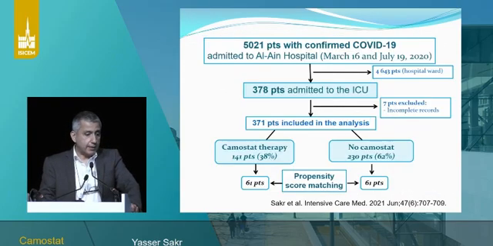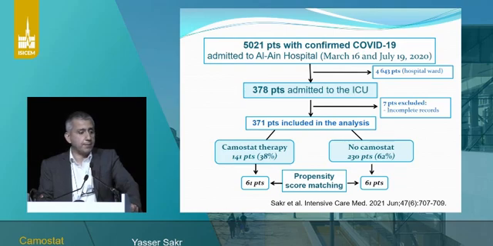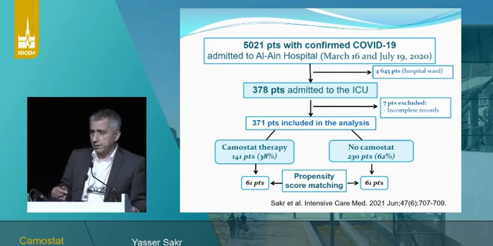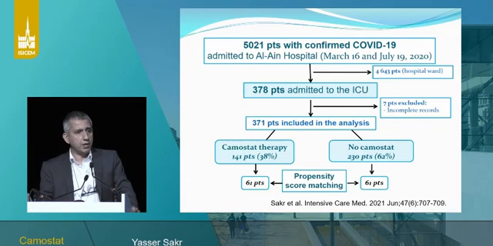So that was a series of cases. Now a cohort that we have from our colleagues from the United Arab Emirates. It's quite a large cohort of patients admitted to an ICU of a hospital which was devoted during the first wave of COVID-19 to treat COVID patients. It was actually an unstressed ICU.